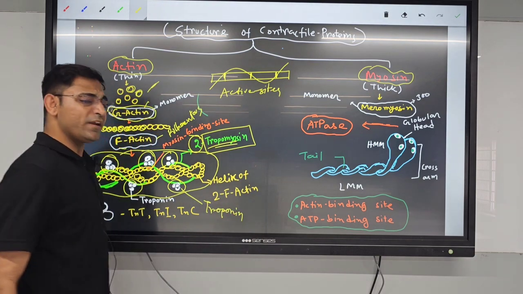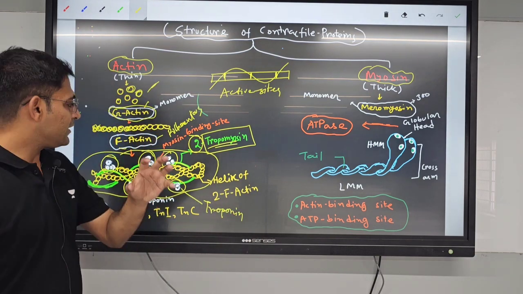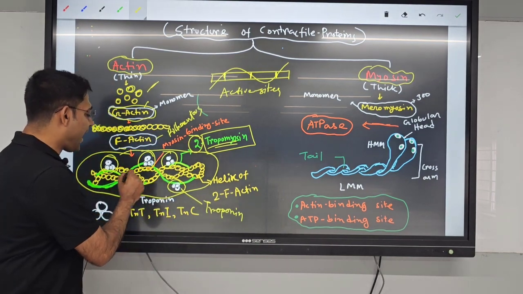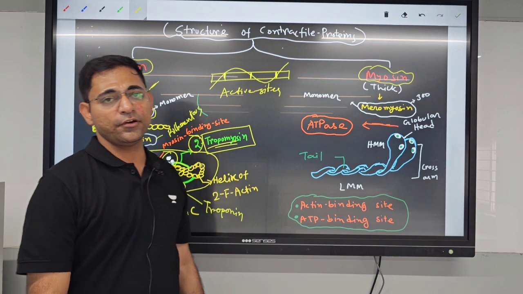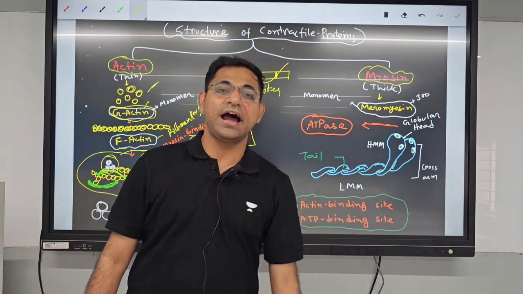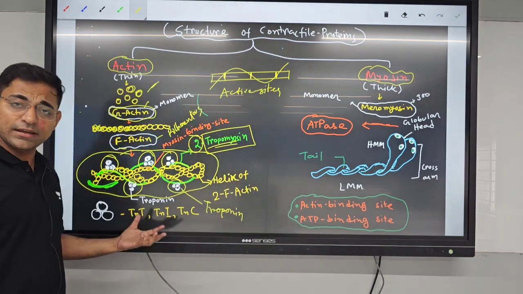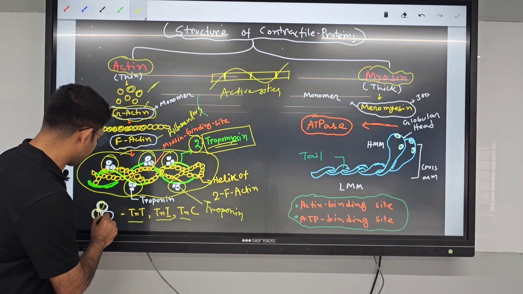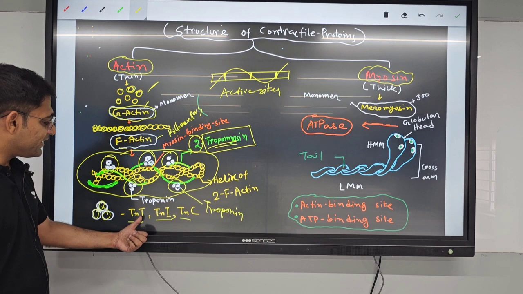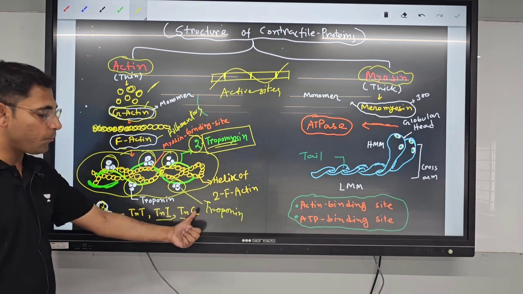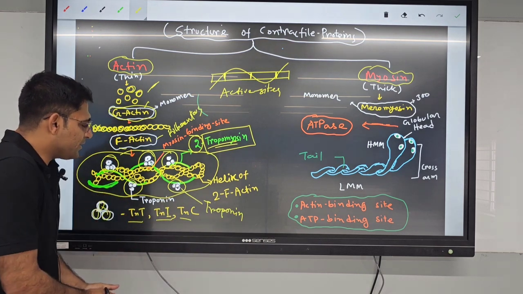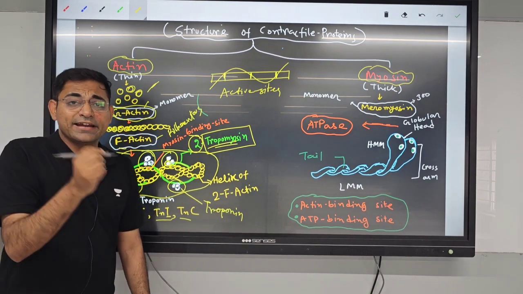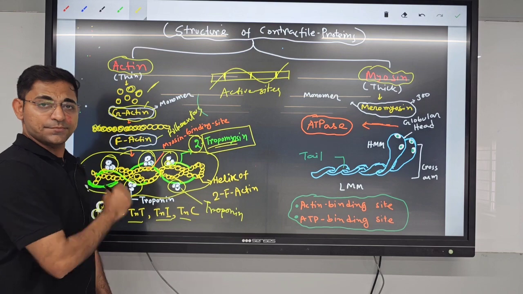This troponin trimer helps tropomyosin to bind upon the active sites of actin. Why am I saying troponin is a trimer? Because troponin has three globular proteins: troponin T, troponin I, troponin C. Troponin T is the segment by which troponin binds with tropomyosin.